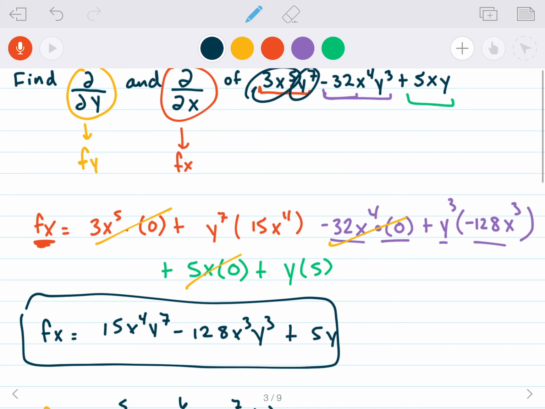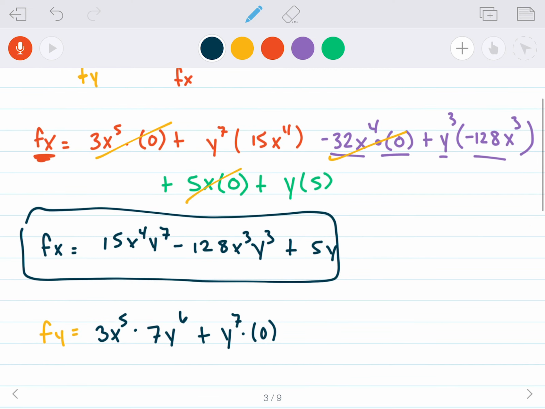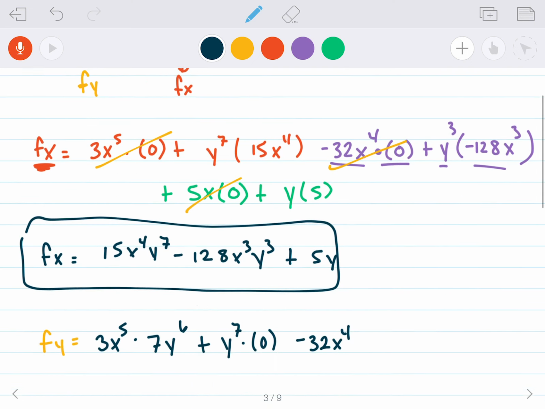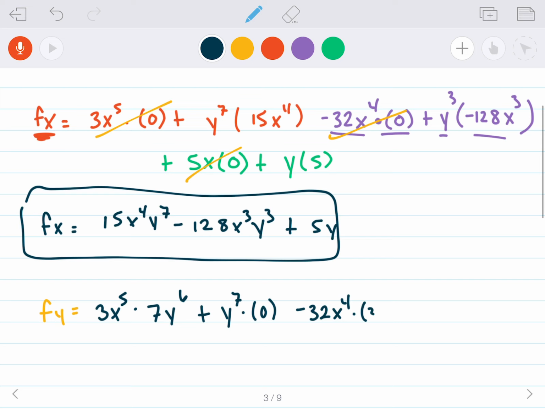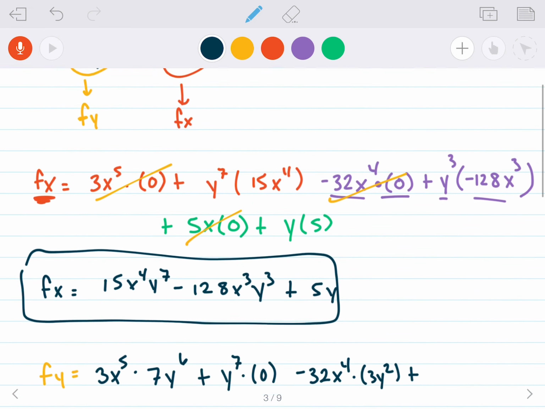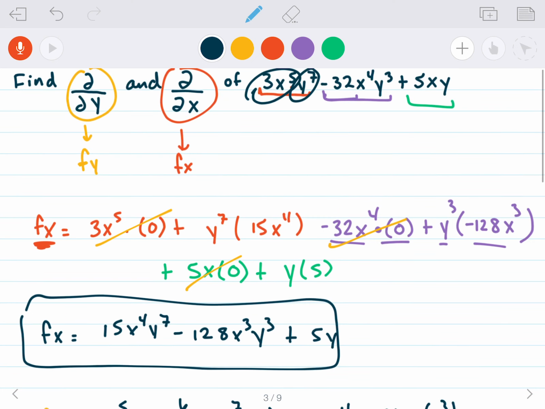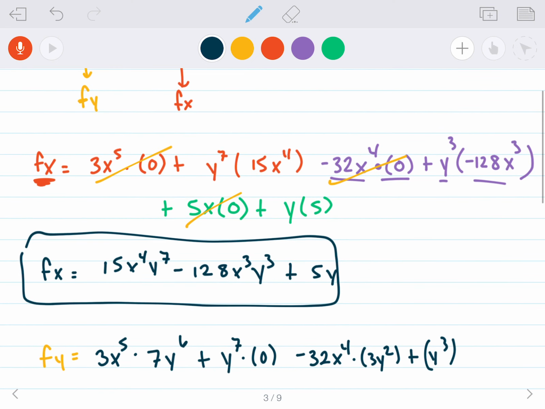We have keep the first, negative 32x to the 4th, times the derivative of the second, which is 3y squared, plus keep the second, y to the 3rd, times the derivative of the first. Well, the derivative of anything with x in it is 0, right? Because we're treating it like it's a constant.